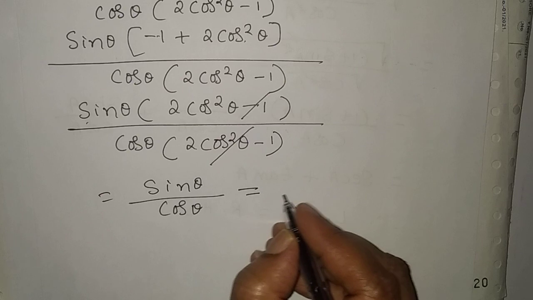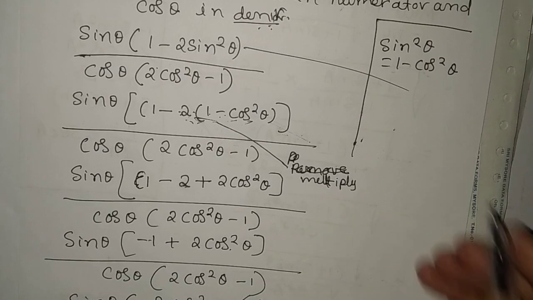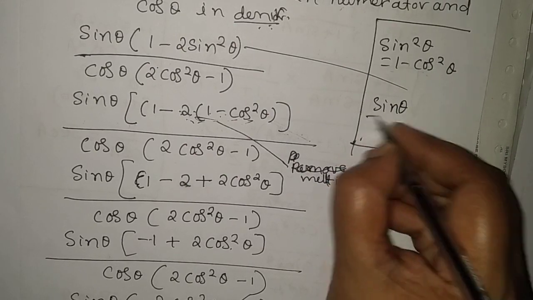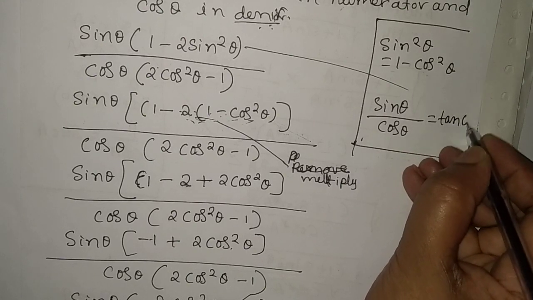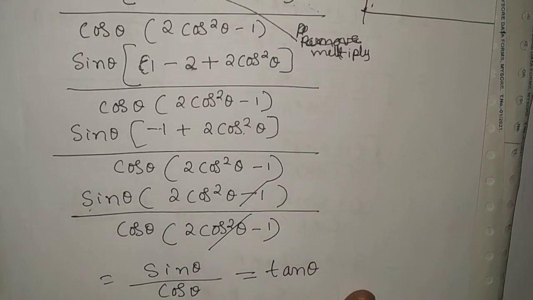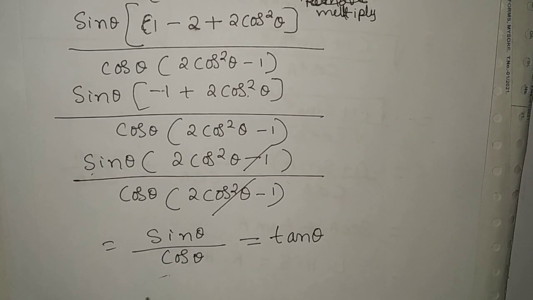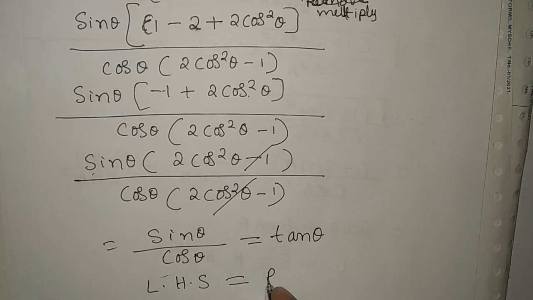The answer is sin by cos, which is equal to tan theta. So we can write here sin theta by cos theta is equal to tan theta. So we substitute this here. So finally, the LHS is equal to RHS.